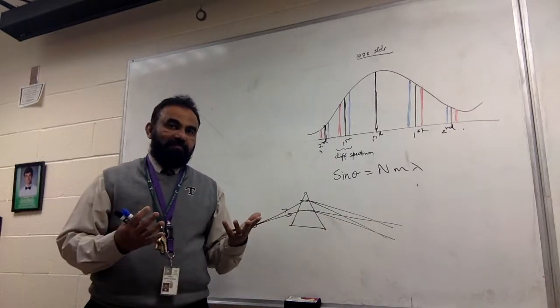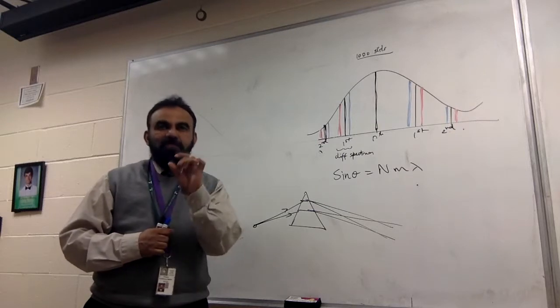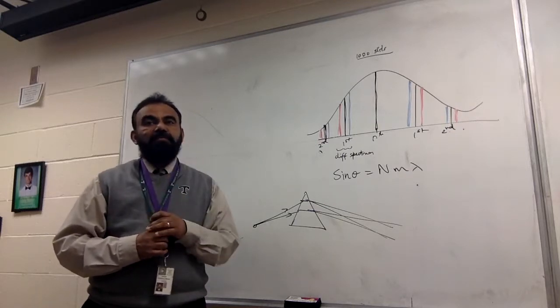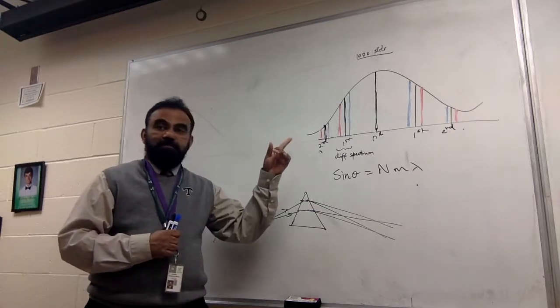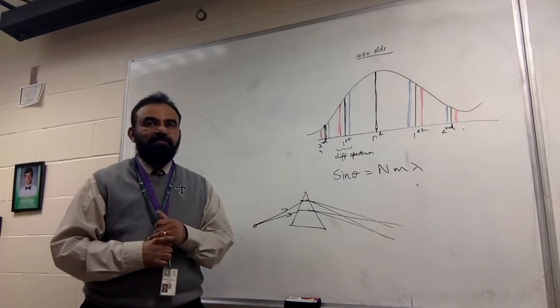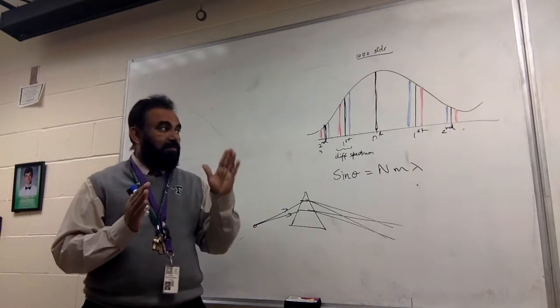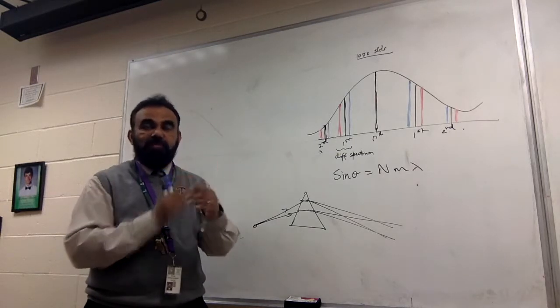So you will not get a pure spectrum. The prism normally does not produce a pure spectrum, but a grating produces a very pure spectrum. It produces a very beautiful spectrum if you are using a proper grating and a proper instrument to observe it.